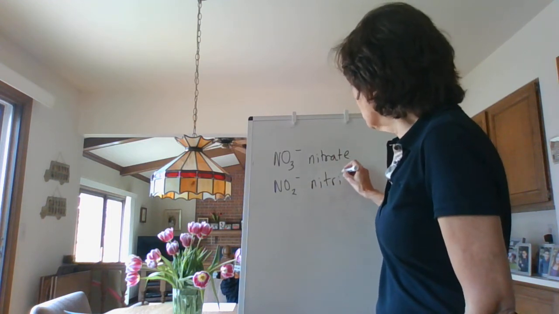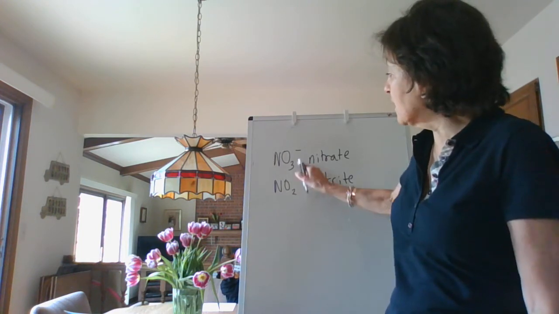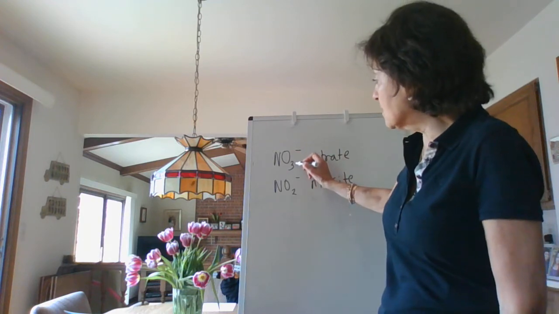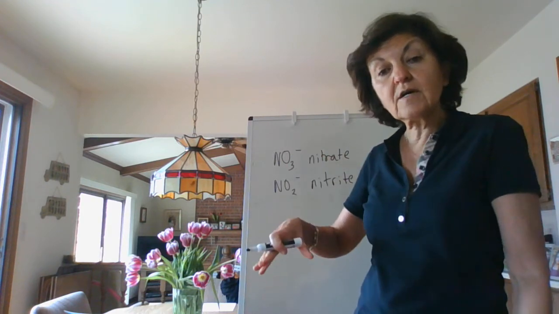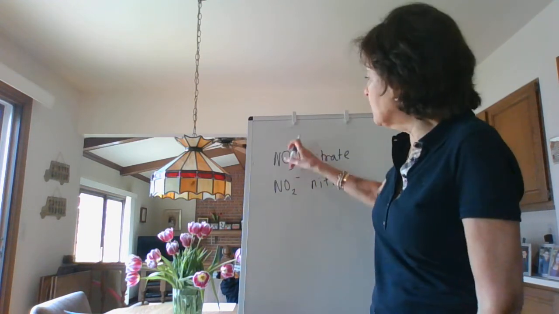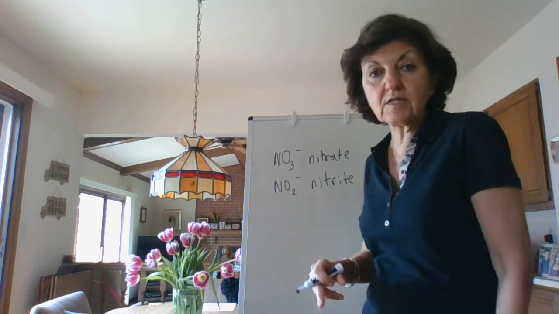What will help you is that the -ite always has one less oxygen than the -ate. So if you've memorized nitrate, then nitrite is easy to memorize because it just has one less oxygen. They both have the exact same charge, but this has one less oxygen than this.